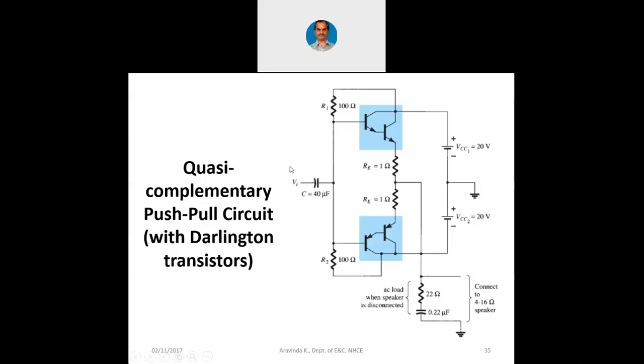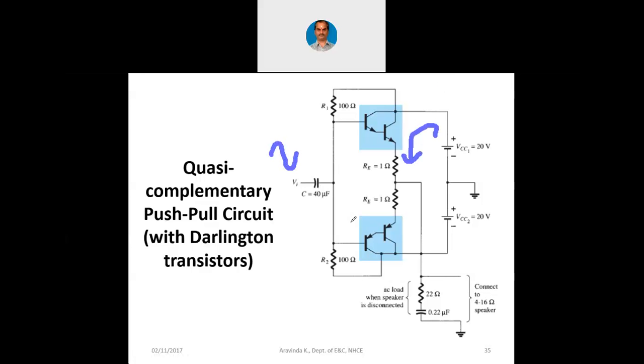Now you can see when we apply the input signal in the positive cycle, the current to the base of this transistor will increase and it will come towards the middle of the load line, and more current flows in this direction. Let me annotate. When we apply a positive cycle, more current flows in this direction.